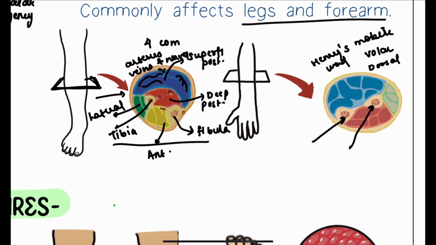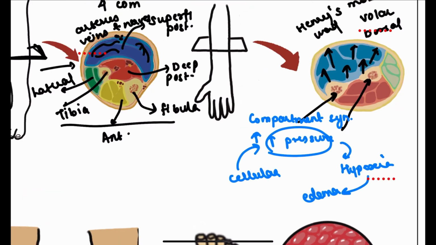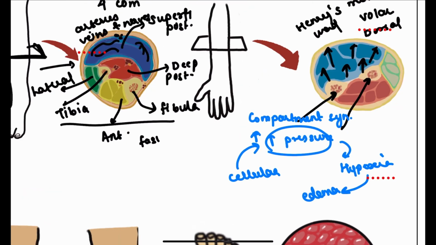Now compartment syndrome is when there is an increase in the pressure. That increase in the pressure can be in a single compartment or in all compartments. As we said, fascia is inelastic in nature.